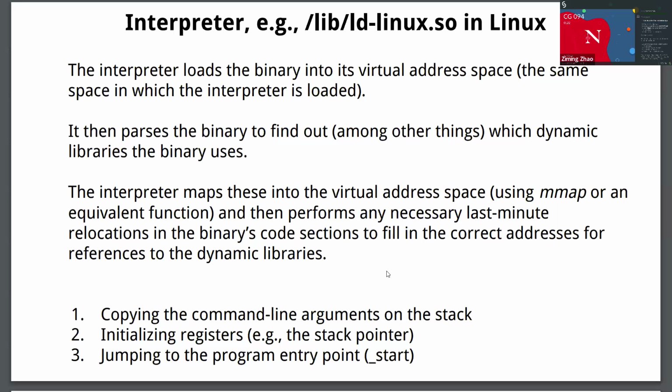In Linux, that is called the ld loader, ld-linux.so, where so means shared object. This interpreter will load the binary into the virtual address space. So the kernel doesn't directly do that. The kernel will load the interpreter. The interpreter is a userland program. It will load the program you are trying to run into the virtual address space.